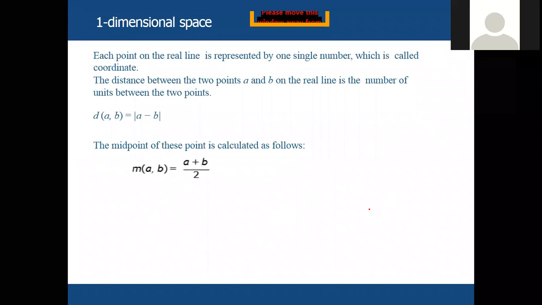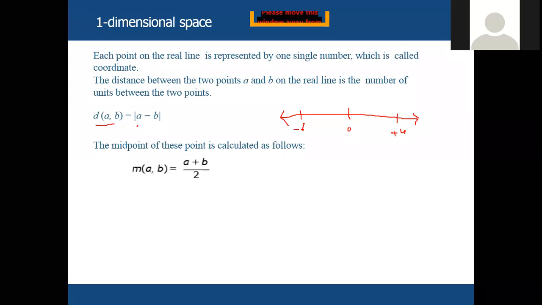Okay, we have a distance formula. If you want to find the distance between 2 points on the real number line, let's suppose on the positive side we have plus 4, and on the negative side we have minus 6. How to find the distance between these 2 points?